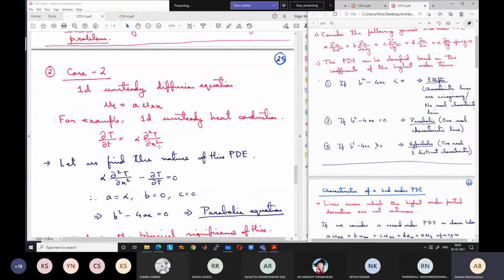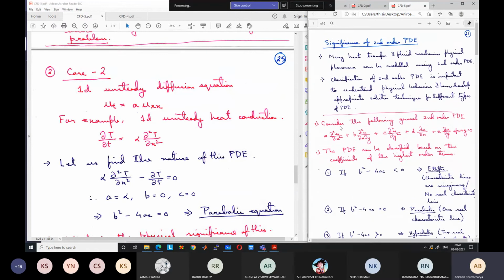So two independent variables. So it's a two-dimensional problem, not two spatial dimensions, but one spatial dimension and one temporal dimension. So it has two independent variables. This is also the type of equation that we were looking at here, the same type of equation.